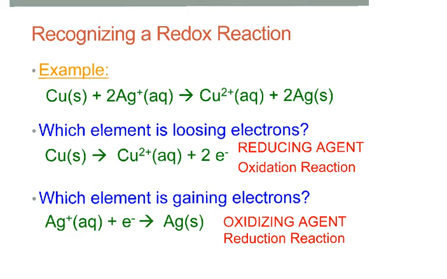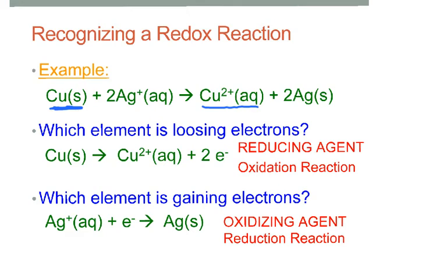If you have copper, for example, we have the reaction of solid copper and silver ions to form copper ions and solid silver. If you look here, copper is in a solid state in the reactants. In the product, copper has a 2+ charge, so copper lost electrons.